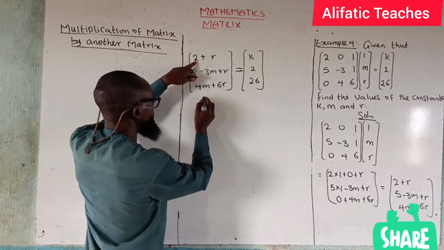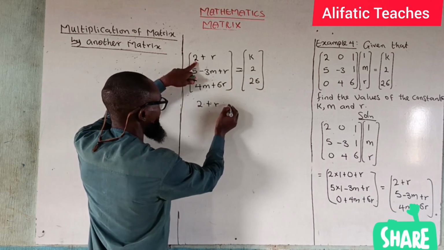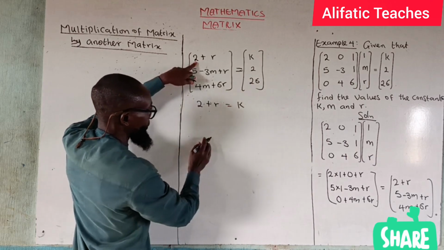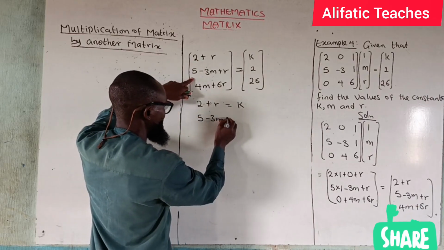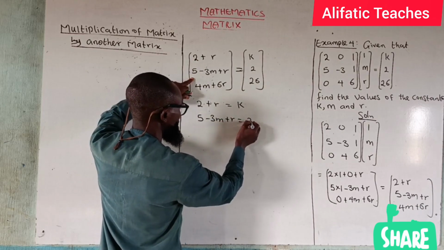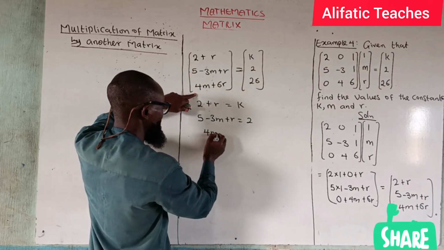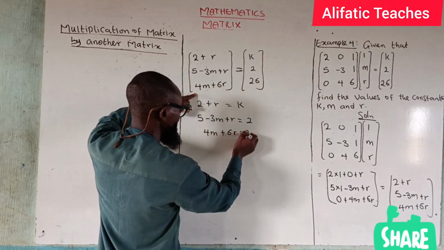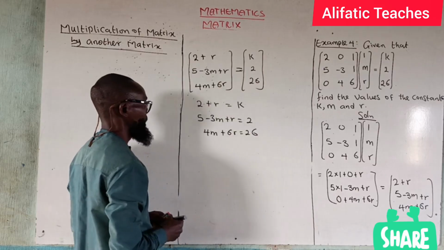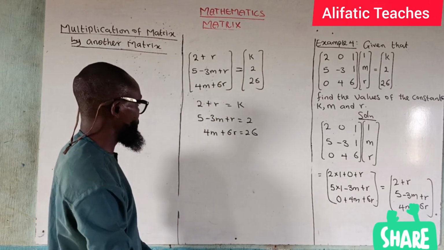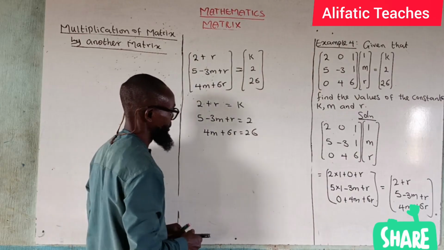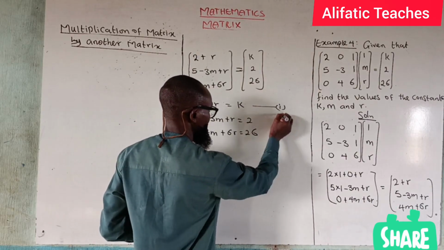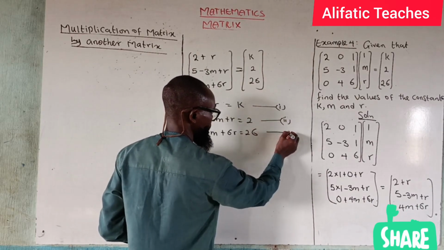It means 2 plus r is equals to k. Fine. 5 minus 3m plus r is equals to 2. 4m plus 6r is equals to 26. So what can I do? If I call this one equation 1, equation 2, equation 3.